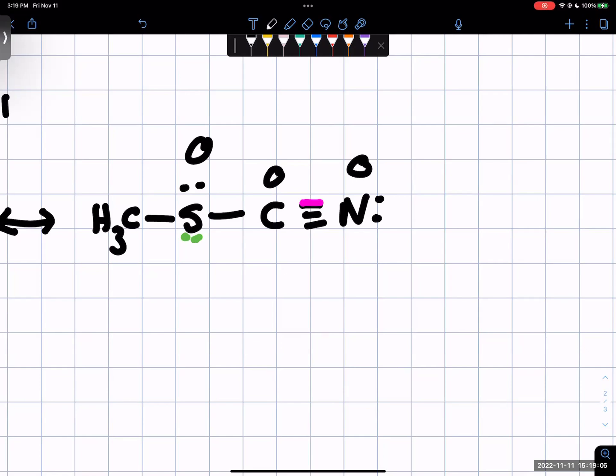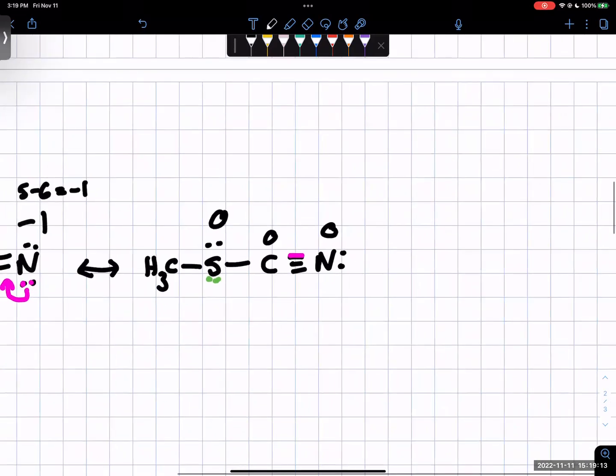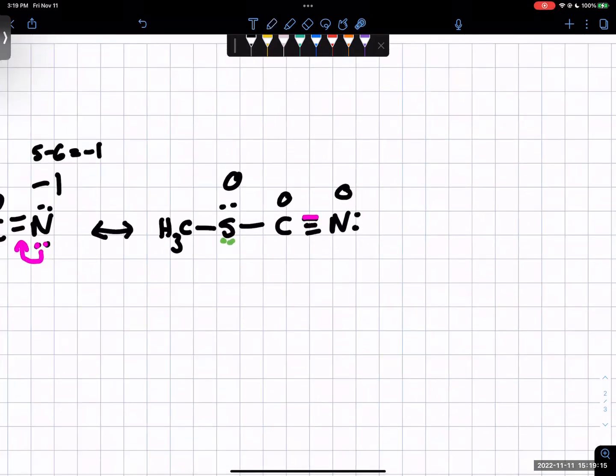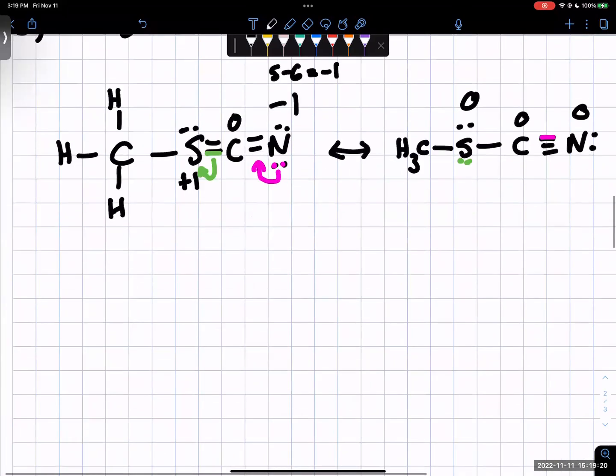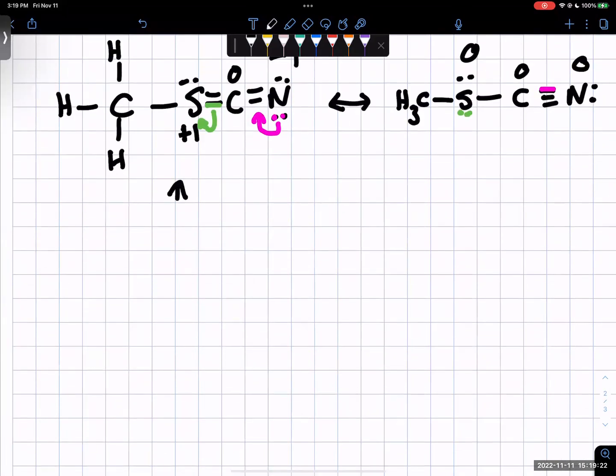Is there any other ones? I think we probably could have done another one. I'll leave this for y'all. But let's just do it. Why not? Okay, so instead of going from here, let's go ahead and do something like this, where we could move. Let's see, how do we want to do this? A triple bond, I'm thinking like a triple bond between, oh yeah, we can do that.